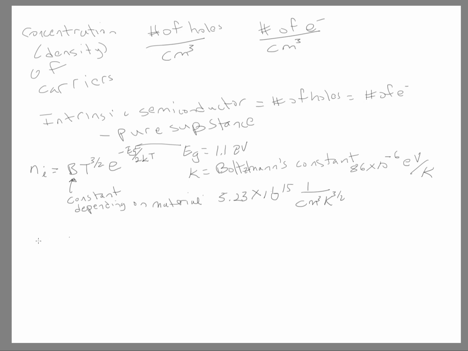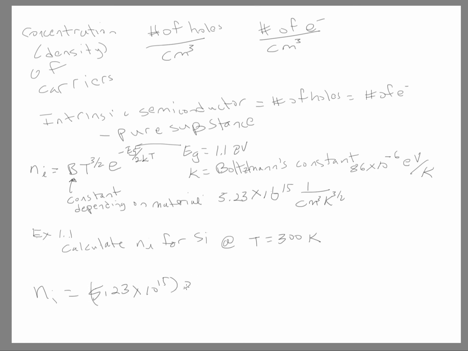And so in example 1.1, the author asks you to calculate the Ni for silicon at temperature equals 300 Kelvin. And you just plug it into that formula. Say Ni equals, and the B we already said was 5.23 times 10 to the 15th.